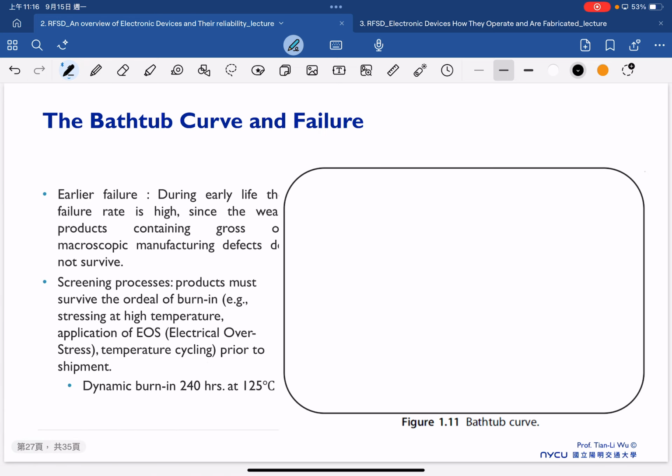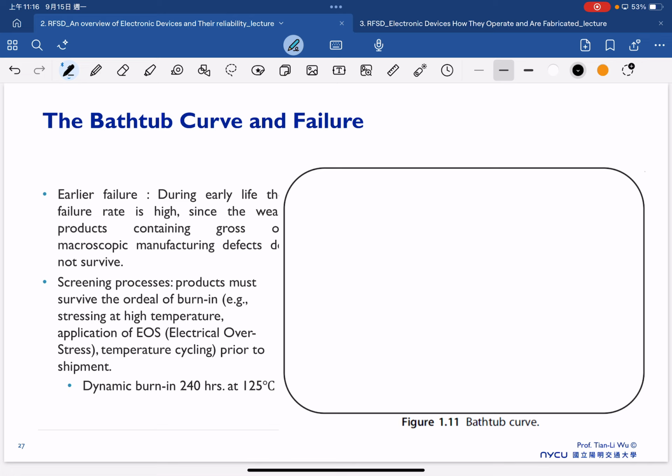And next one, I also want to illustrate the bathtub curve, which is very important. If you look at every semiconductor general introduction article, they always talk about the semiconductor having a lifetime, like this bathtub curve, which is the same as a lifetime for everything in the world, including the human as well.